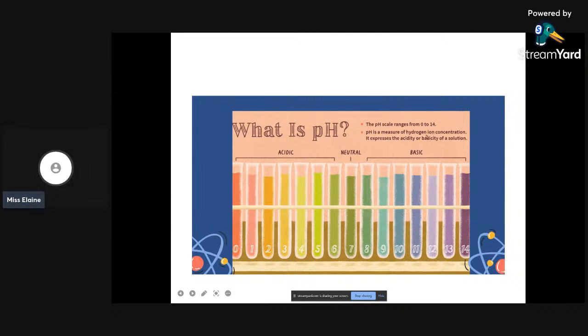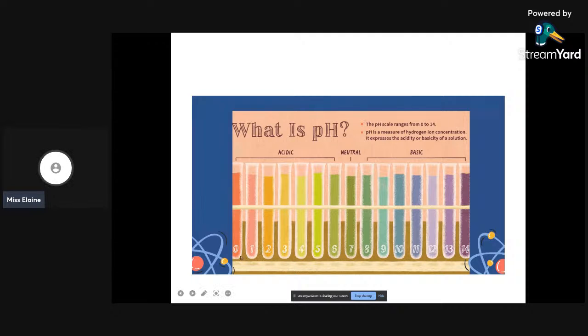pH is a measure of hydrogen ion concentration. It enables us to know whether the material we experimented on is acidic or basic, because of its hydrogen ion concentration. It expresses the acidity or basicity of a solution.